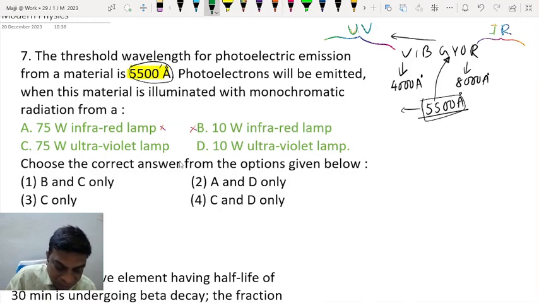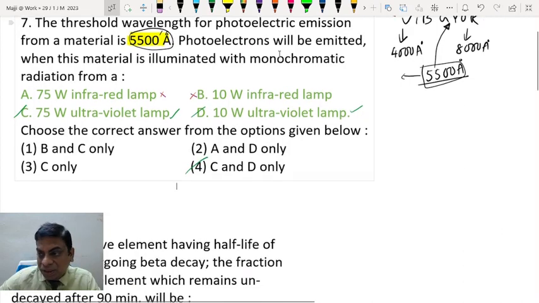So the correct option is ultraviolet lamps, regardless of the intensity, because intensity is just a governing factor for the number of photoelectrons which are ejected by the photoelectric surface. That's all. Number of electrons. It has nothing to do with whether it will eject the electrons or not. So correct statements are C and D. So fourth option is the correct option.